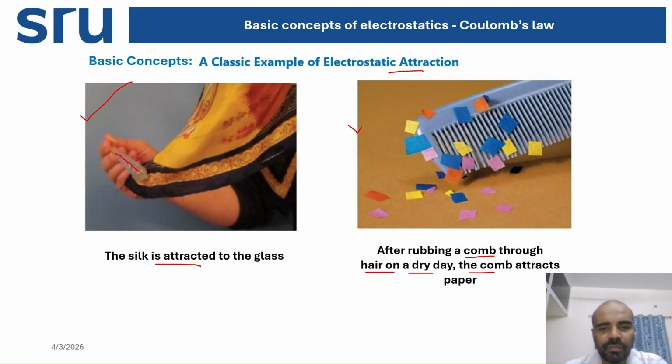So if you rub a comb through dry hair, then the comb will start to attract some pieces of paper, right? So this is a classic example of electrostatic attraction. Hope you get it. So let's move to the next slide.